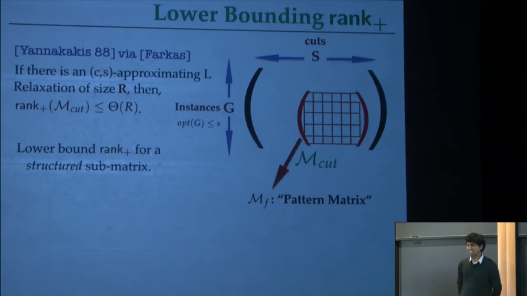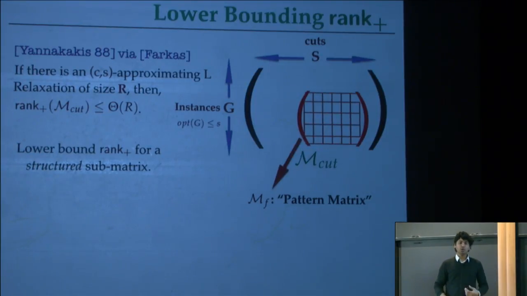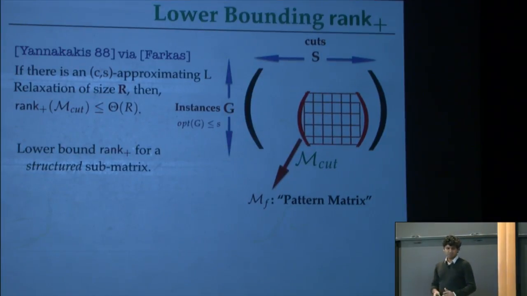So I said it's a somewhat explicit matrix, this M cut thing, and I want to prove a lower bound on it, but it turns out that it's not that great a matrix after all for understanding its non-negative rank. So in order to lower bound, what I'm going to do is find some structured sub matrix, which I'm going to call a pattern matrix, and then instead prove a lower bound on this pattern matrix. A lower bound on the non-negative rank of a sub matrix is always a lower bound on the non-negative rank of the whole matrix.